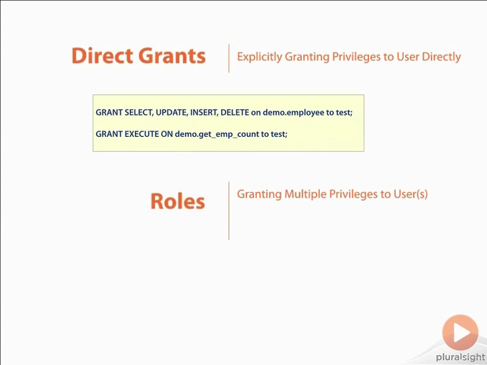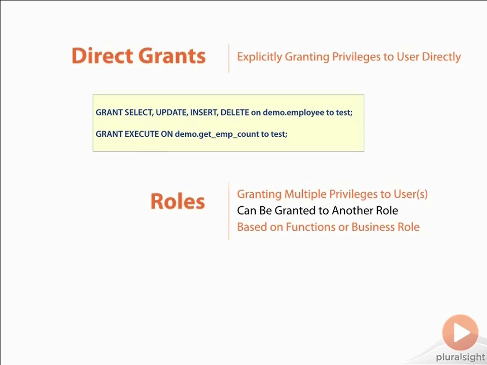Role is a mechanism through which you grant multiple privileges to users in the database using a role name. A role can be granted to another role. These are typically created based on the functions users perform or based on their business roles. For instance, you may create a role named accounting, grant to the accounting role appropriate privileges on the accounting tables and procedures.